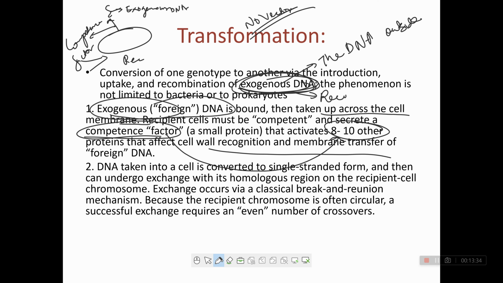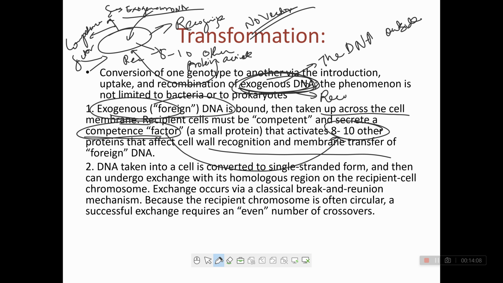After the secretion of the competence factor, 8 to 10 other proteins will activate so that these proteins help the cell wall recognize this exogenous DNA and accept it inside, right?